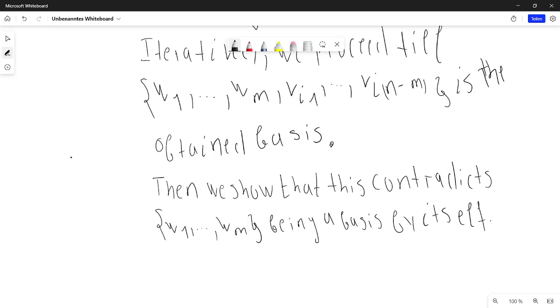Well, that's actually fairly easy. We have the I1, W1 to Wm linearly independent as vectors.